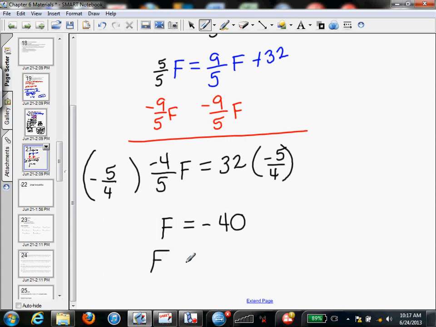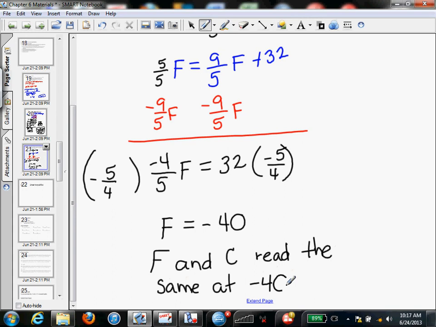So that means Fahrenheit and Celsius read the same at only negative 40 degrees. And you can check Google or textbooks, however you want, and you can see that negative 40 will read the same for both Fahrenheit and Celsius.